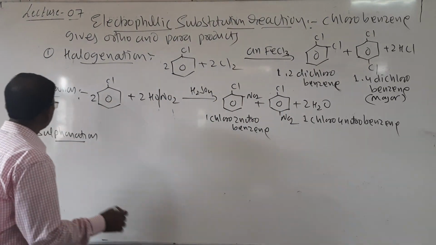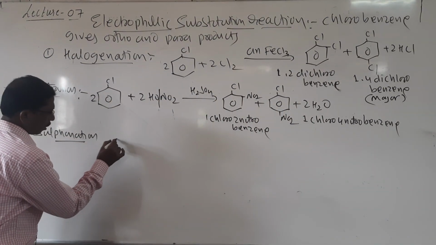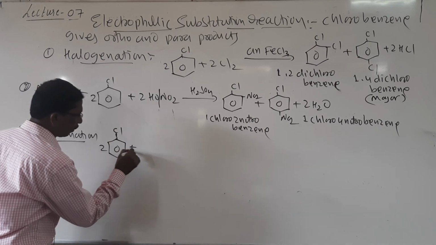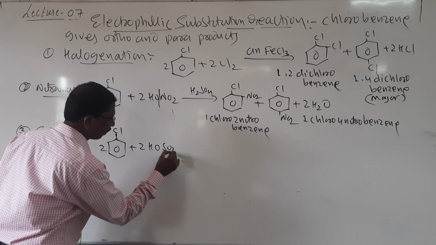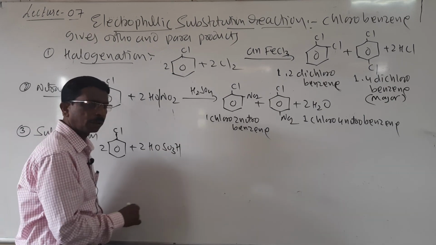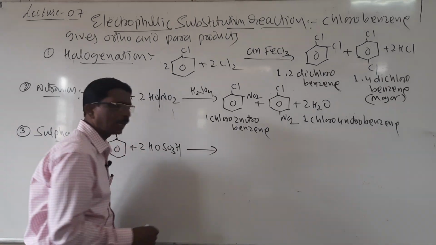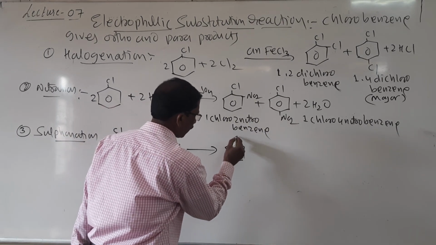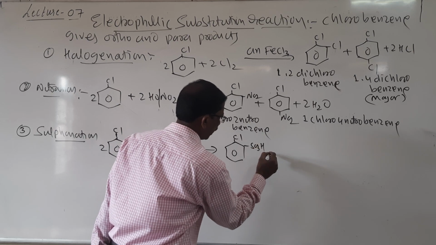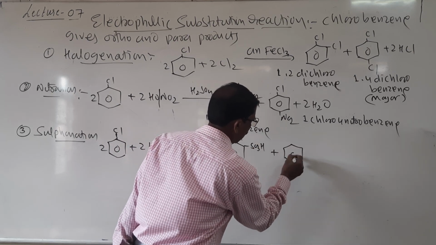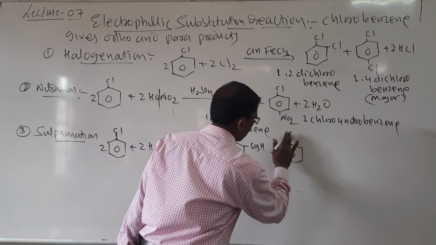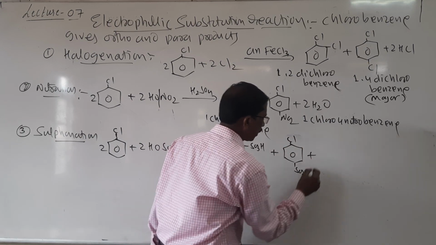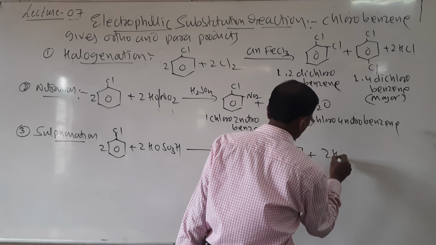Then sulfonation. Look here, when chlorobenzene is treated with concentrated sulfuric acid, H2SO4, it forms Cl, SO3H plus Cl, SO3H plus H2O.